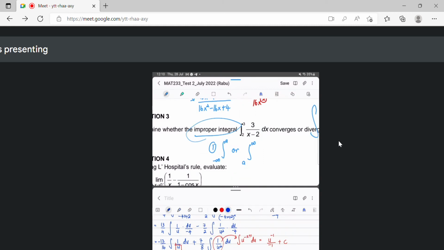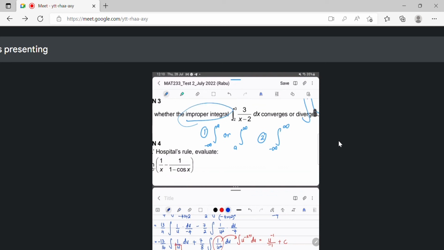Interval, pada limit dia. Interval dia sama ada salah satu dia tu adalah infinity, atau type yang kedua adalah dua-dua infinity. Type yang ketiga adalah dua-dua nombor. Dia 3 jenis je. Sama ada salah satu infinity, both intervals are infinity, ataupun dua-dua nombor.